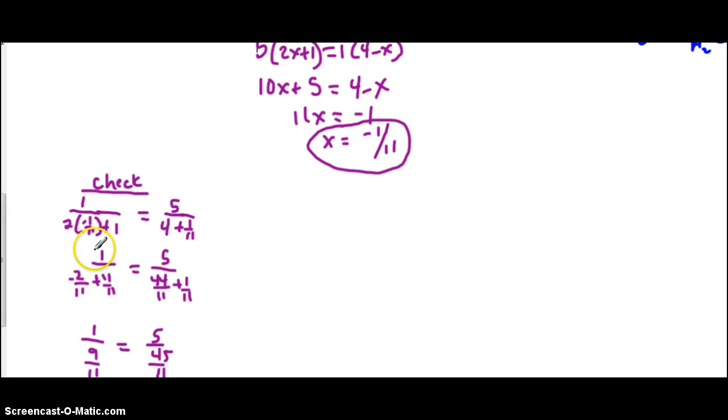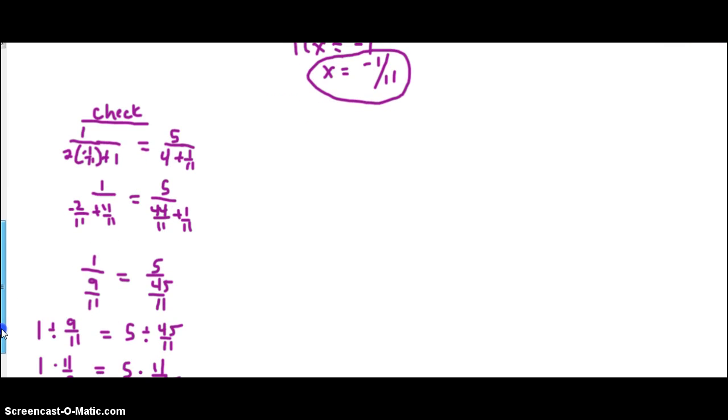With your check, you have two places to plug it in. Here it was 2 times x plus 1 on the denominator, and here it was 4 minus x, so it would be 4 plus 1/11. Again you have to simplify your fractions and combine denominators.